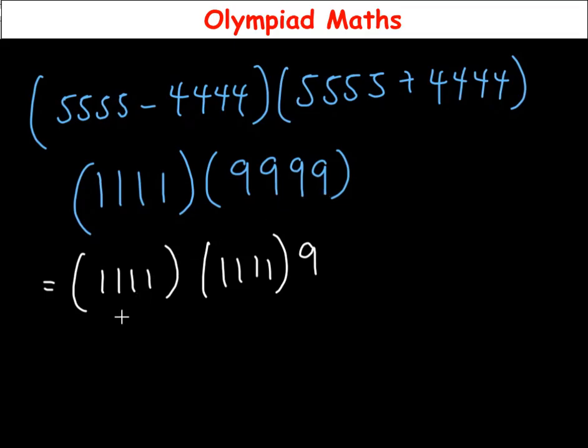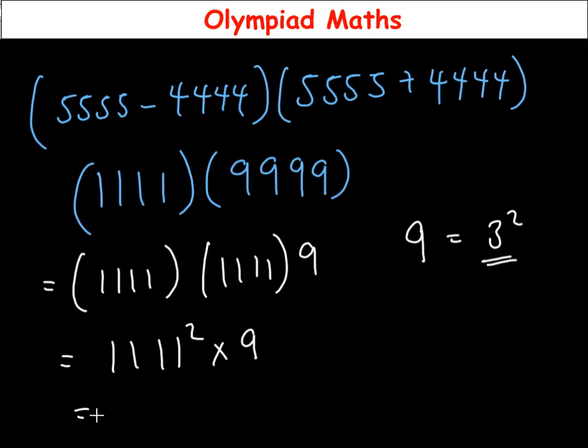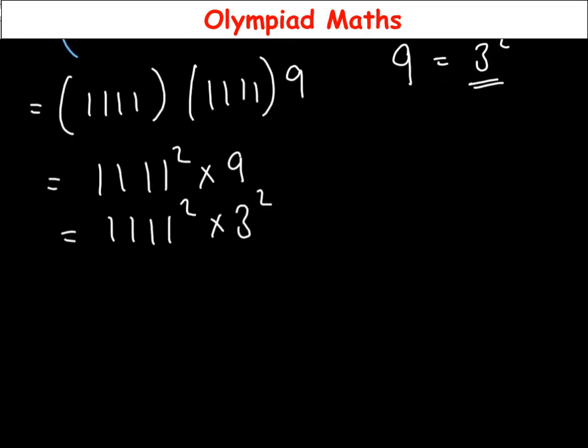So with this, we can say 1111 times 1111 is the same thing as 1111 squared, right? Then times 9999, and 9999 is equal to 3333 squared, right? So in place of 9999, we bring in 3333 squared. There's a rule that if you have a raised to power n times b raised to power n, this is equal to, in brackets, a times b, all raised to power n.